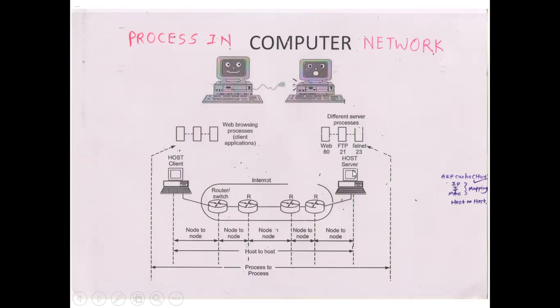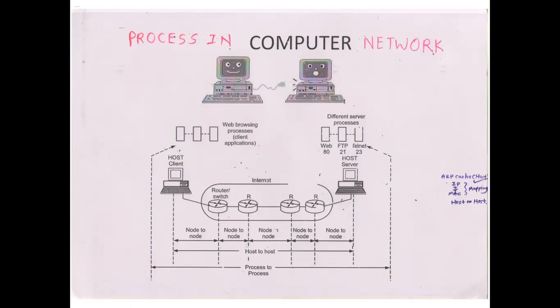So for web page hosting, port 80. Port number 21 for FTP, a different section is there. And telnet, that is remote execution, a different application and different section is there. So for different processes, the port addresses required are different. This is the need.